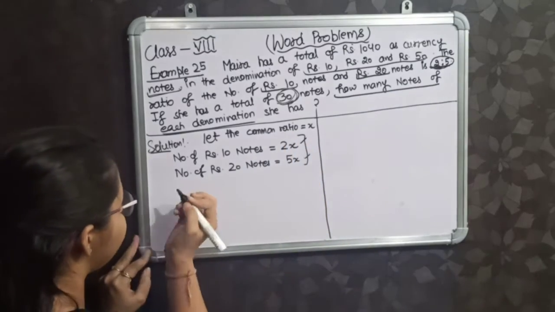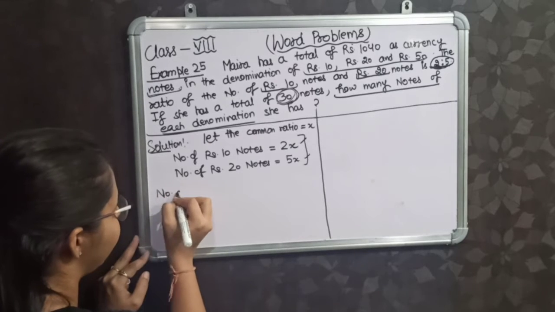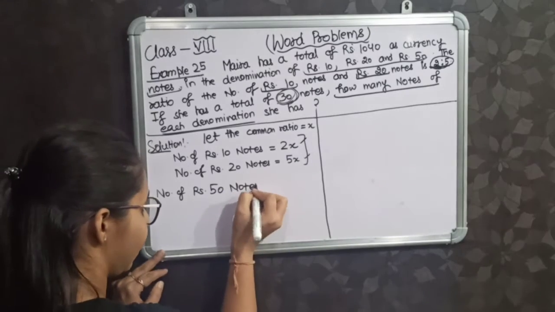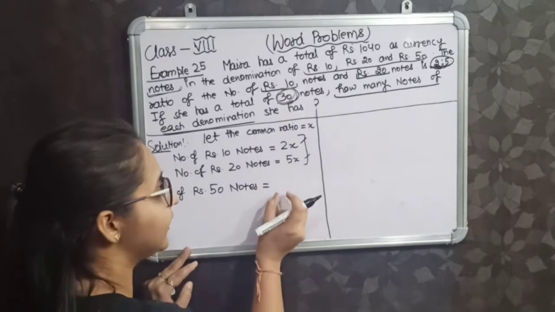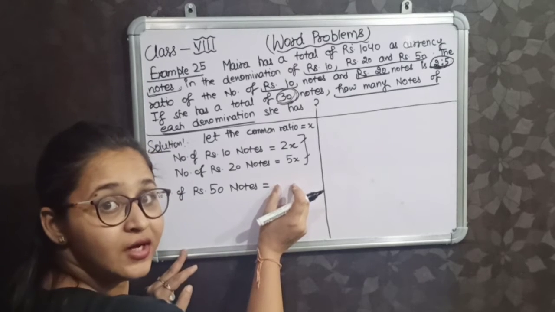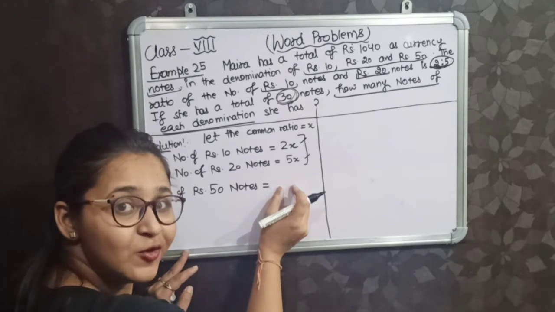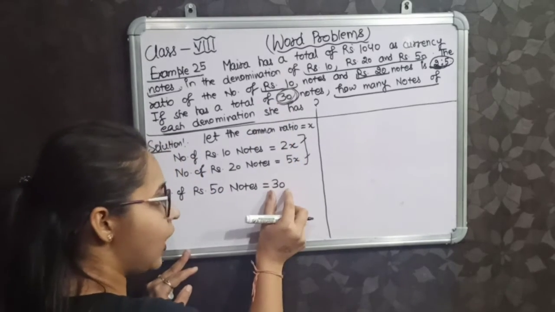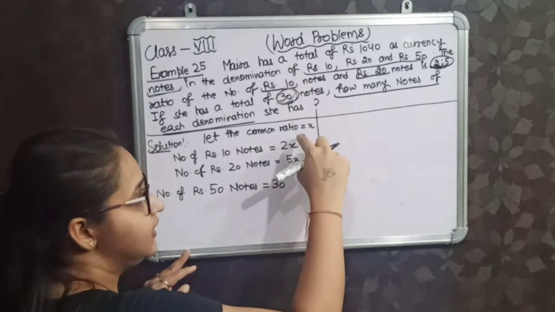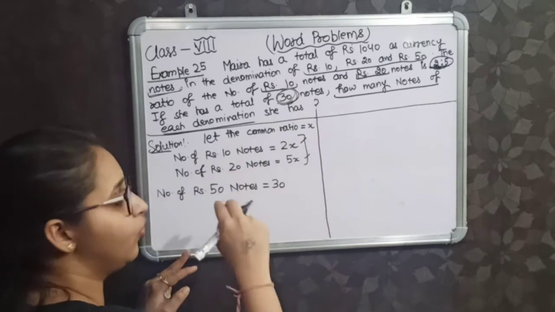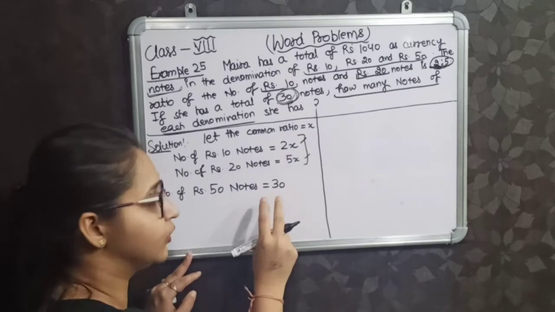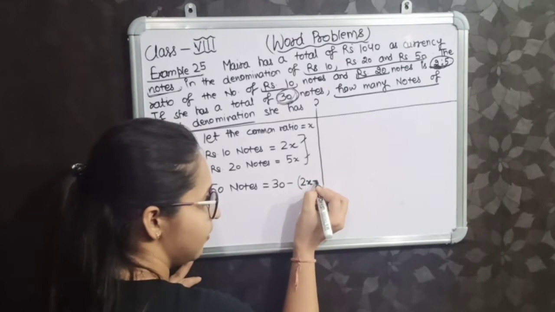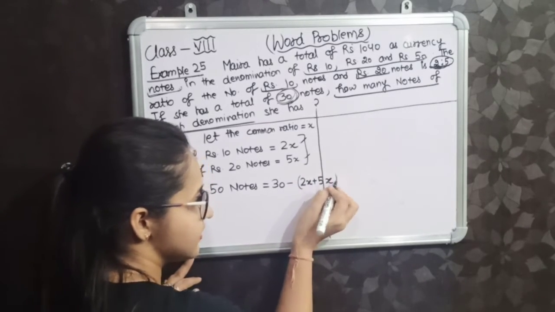How many notes are there in total? 30. Now you will subtract these two numbers of notes from the total notes. So 30 minus 2x plus 5x.